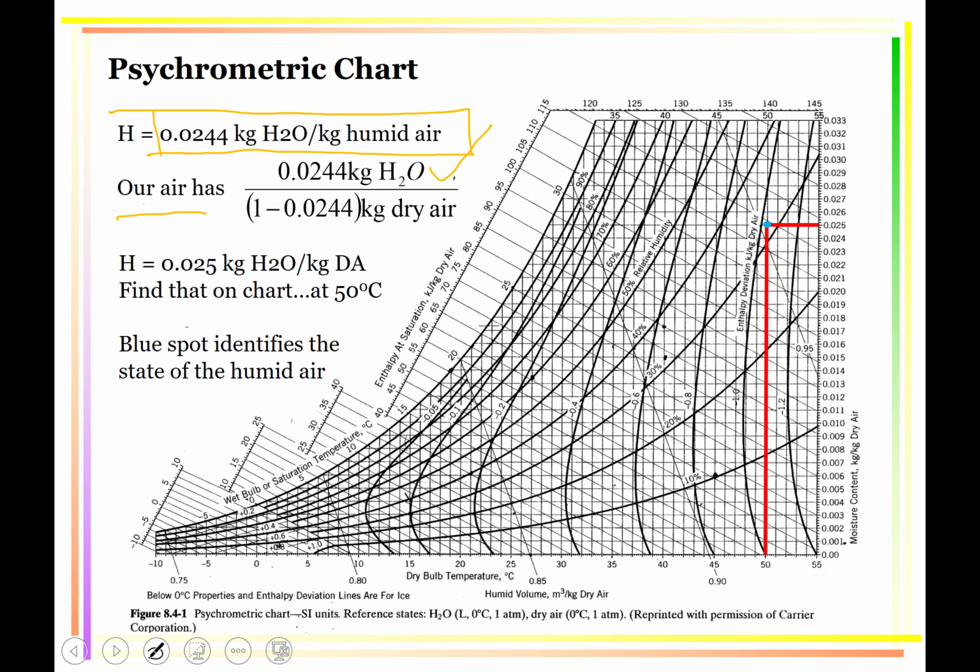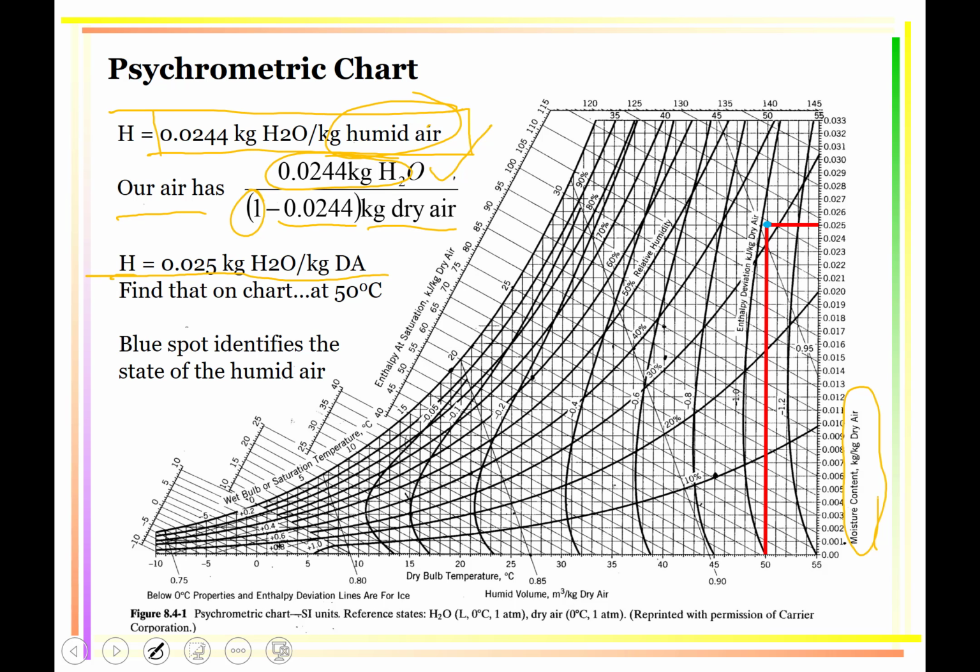If you have a kilogram of humid air and it has this much water in it, then the amount of dry air is going to be 1 kilogram minus the amount of water, and that's how much dry air there is. So if you make that calculation, you find out that the humidity, over here, moisture content, which is also the humidity, is 0.025.